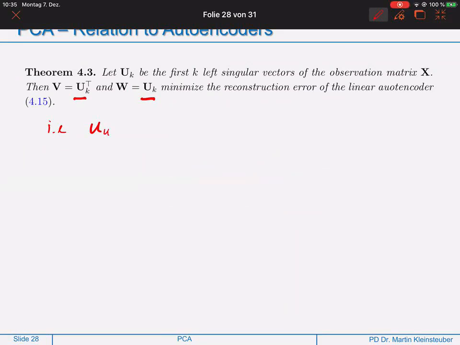U_k transpose and U_k solve the minimization problem.